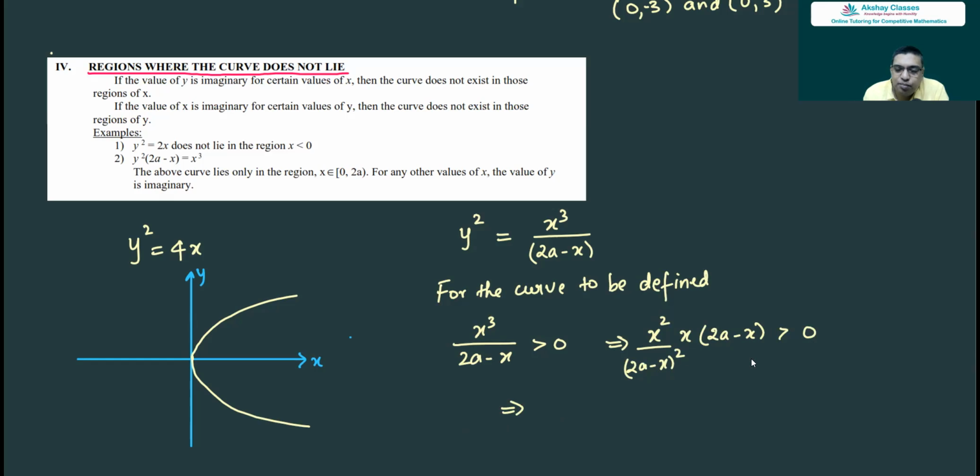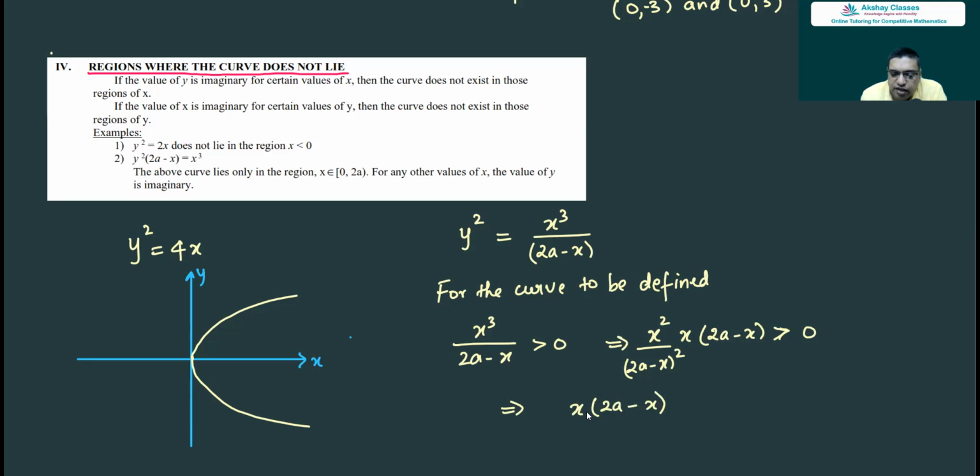So what it means is that the product of all these terms is positive. This is the inequality. So I need not consider the perfect squares, x by 2a minus x whole square. Whether it is positive or negative, it will not affect my inequality.